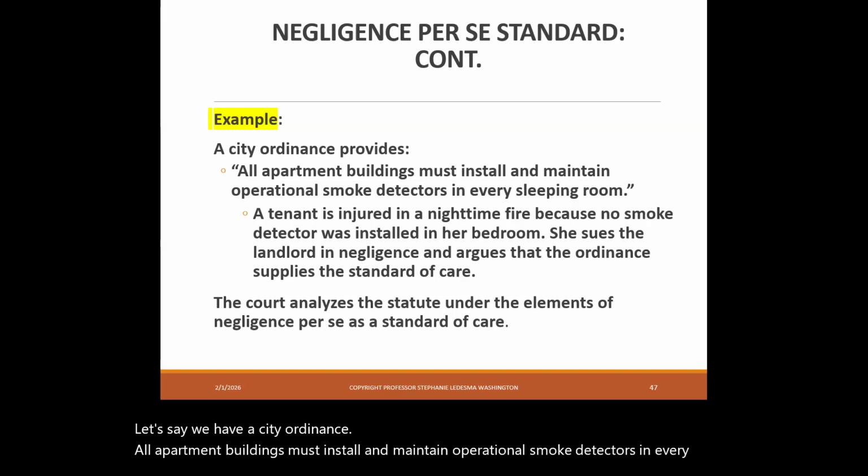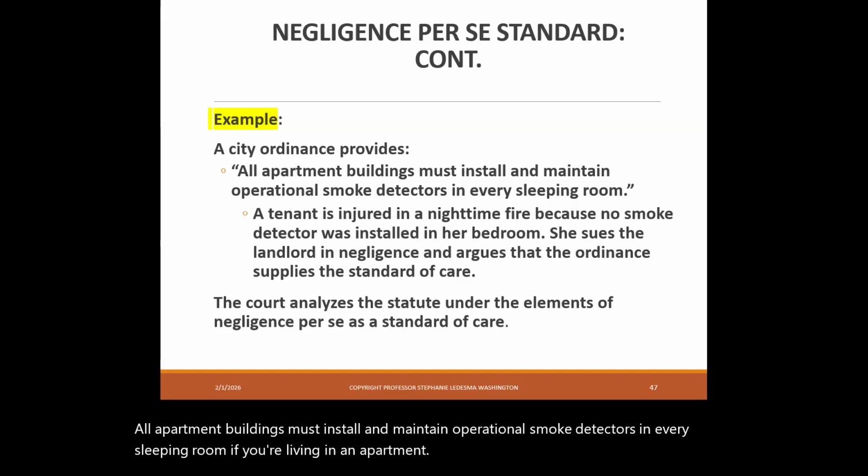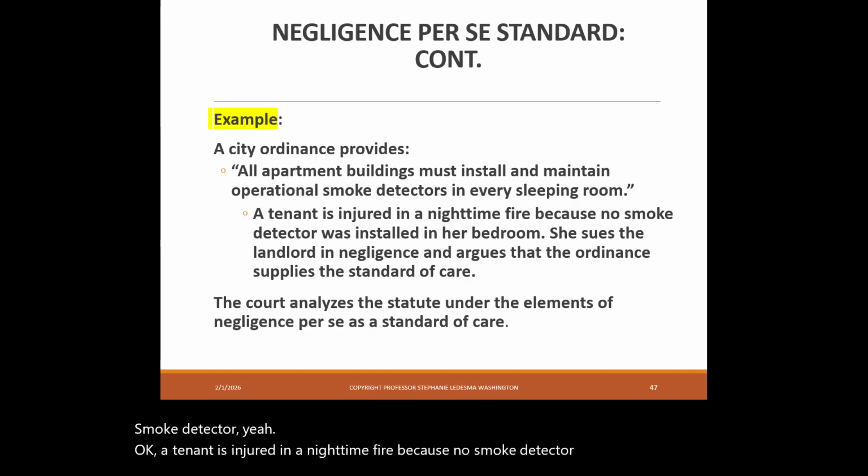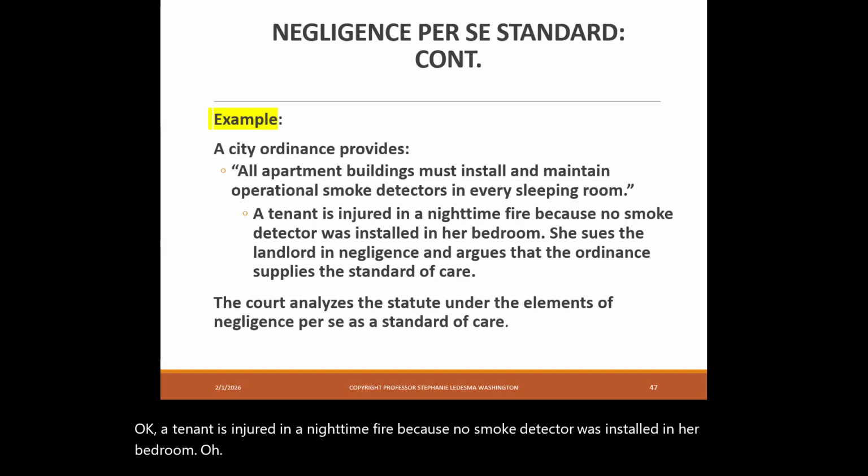If you're living in an apartment and you have a bedroom, the ordinance says you've got to have an operational smoke detector. Okay? A tenant is injured in a nighttime fire because no smoke detector was installed in her bedroom. Ooh.